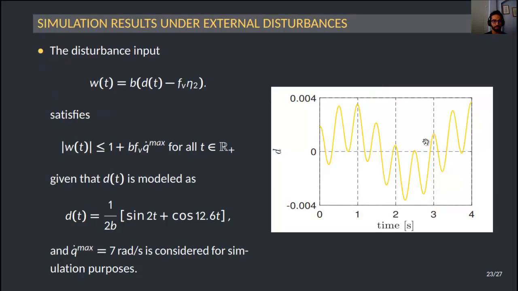Furthermore, the input disturbance W, which is defined by this relation, is upper bounded, given that the external input D is modeled here, as I'm also showing in this figure.